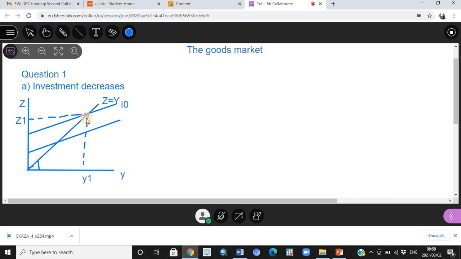So here we've got our I1. I'm just going to label this. Attention, if you don't label it, it's going to be confusing, and when it comes to marking, we will not know which one has moved to where.